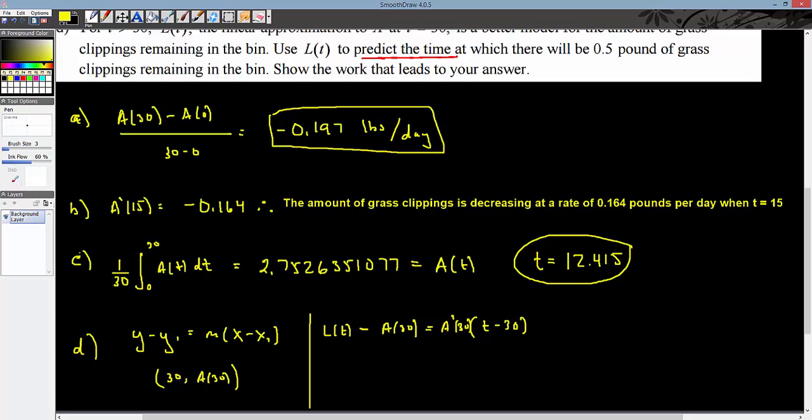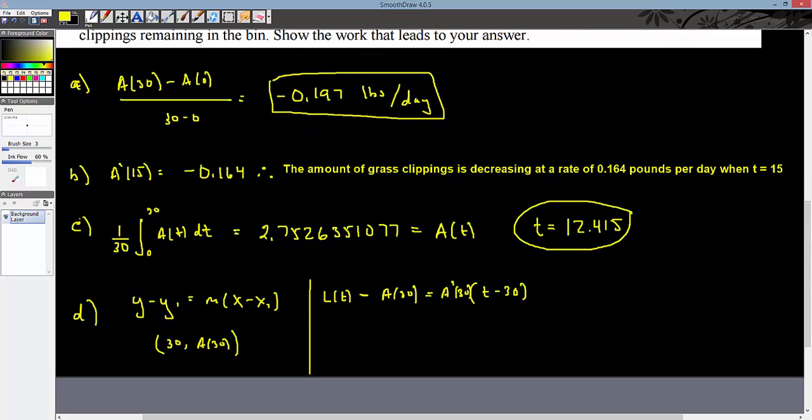So now all I have to do is figure out what each of these pieces are. A of 30, I've already punched that into the calculator, that is 0.7822928. A prime at 30 is going to be negative 0.055976. And remember, I'm solving for t because it's asking us to find out when that happens.